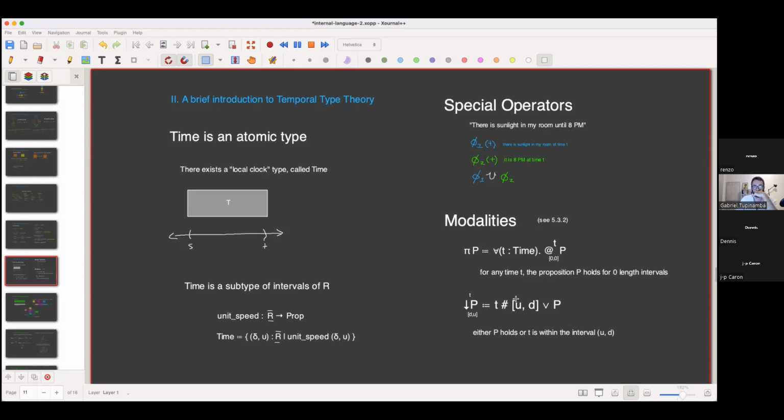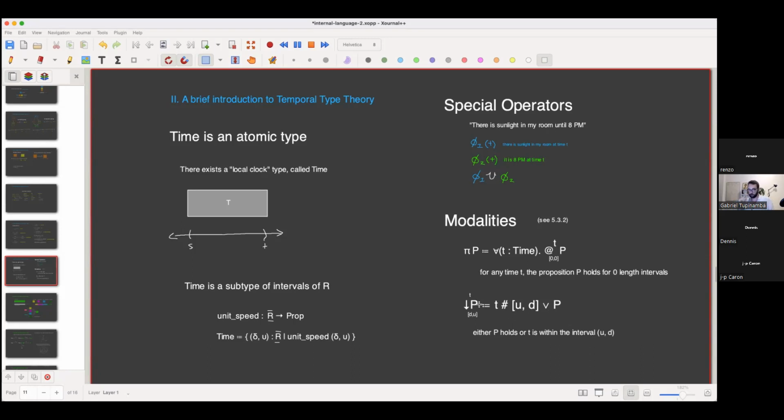And then this other modality, there's actually 4 modalities. I only put 2 here, but this one is saying either P holds or T is within some interval. So imagine you have something that is true except for a certain interval of time. For example, I'm always thinking about sheaves except for when I'm sleeping, right?